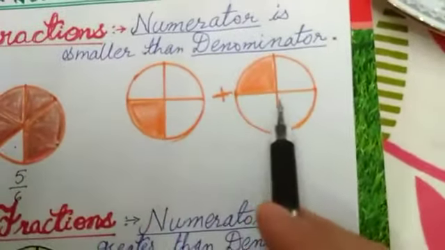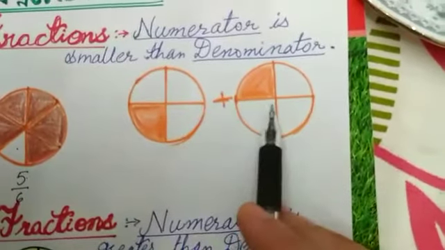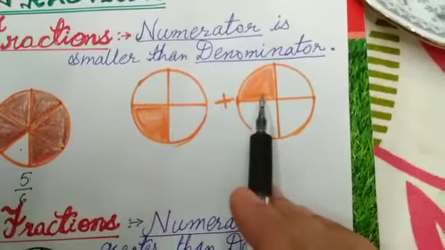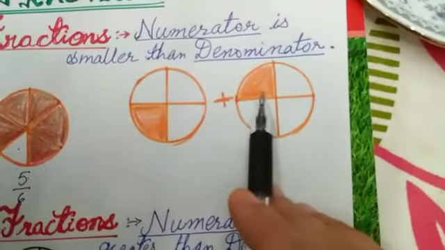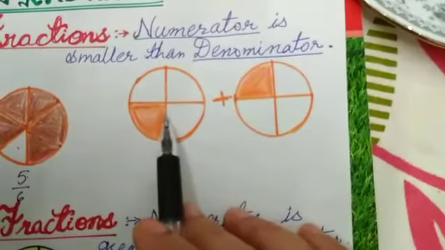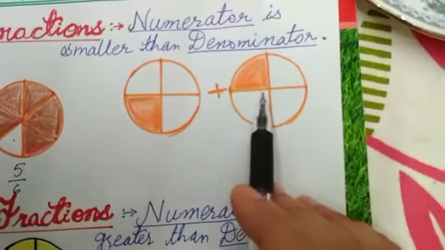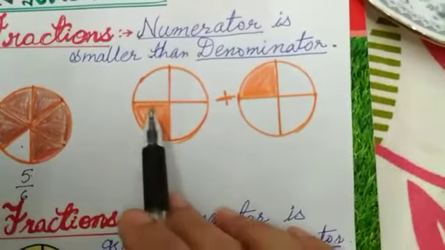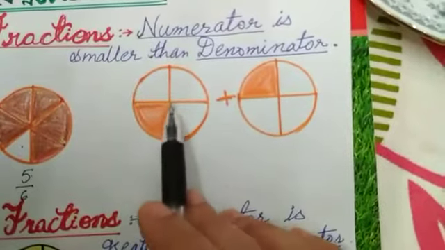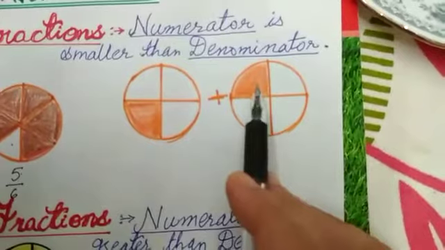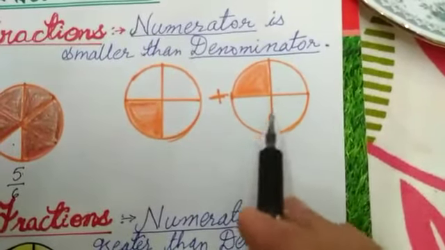Now look at this. There are 2 figures, but one is shaded here and one is shaded here. This is an example. Suppose your mother is having 1 pizza with her and father is having 1 pizza with him. Your mother gave 1 piece from the 4 to you, and your father also gave 1 piece from 4 parts of his pizza to you.